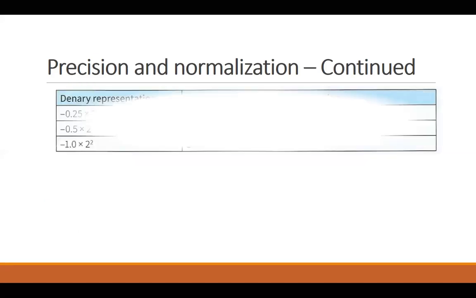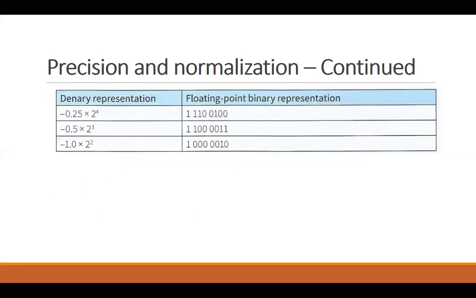Let's consider another table, and again this has floating point representation of some number. Let's convert it back. By converting it back, your revision of yesterday's lecture is also being done.